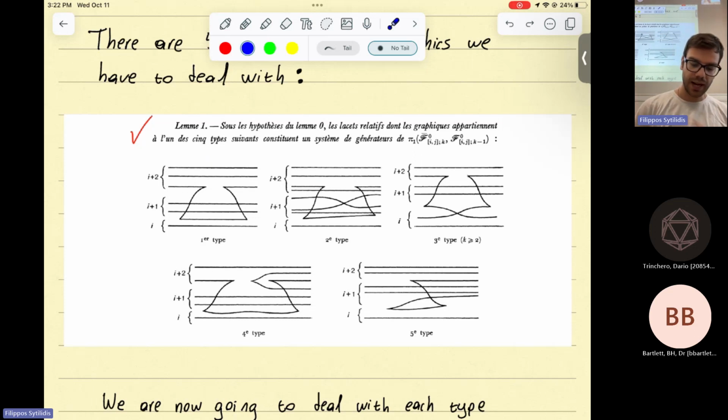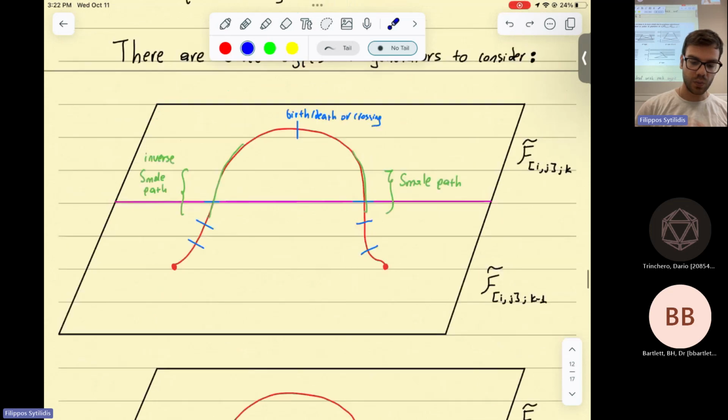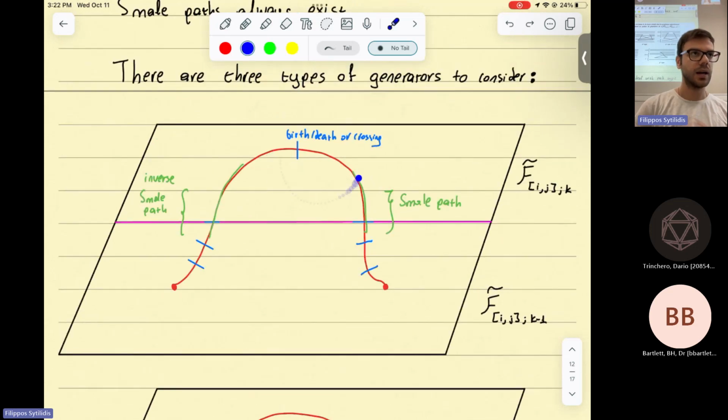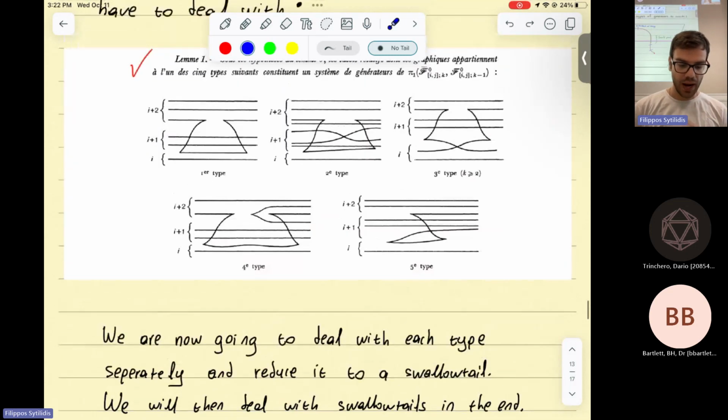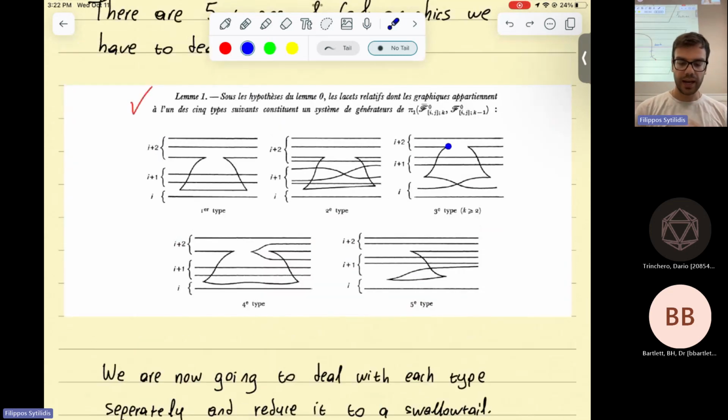Okay, so here, what do I have? Here I have an inverse Snell path, a crossing, and a Snell path. So this is one of those cases of this form. And here is another way in which I can have an inverse Snell path, a crossing, and a Snell path. You already tabulated them all for us.